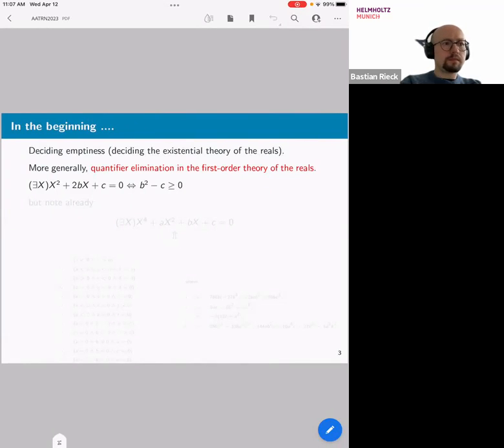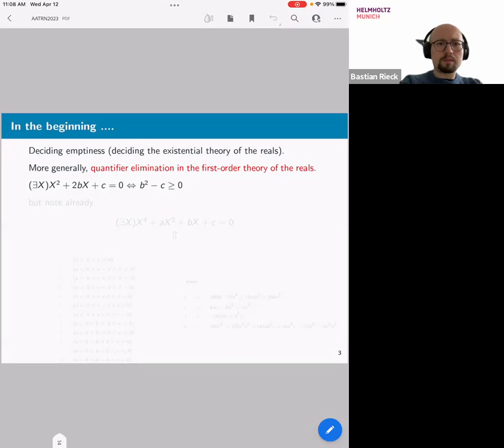Geometrically, you can think of the elimination of this existential quantifier as the projection of the subset in R^3, in the x, b, c space, defined by the equation x squared plus 2bx plus c equals 0, to R^2, the space spanned by the variables b and c. And Tarski's theorem tells you, in geometric language, that the image under such a projection of a semi-algebraic set is again semi-algebraic.